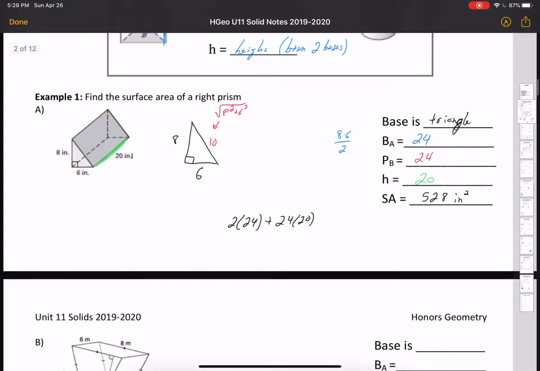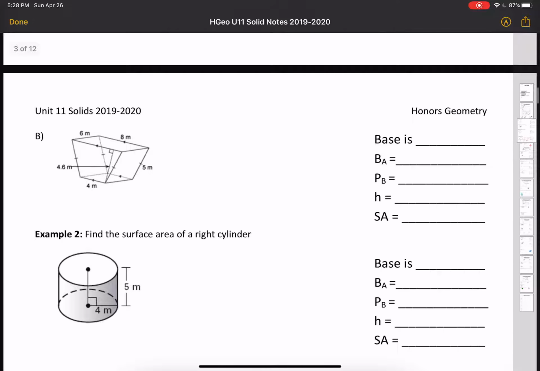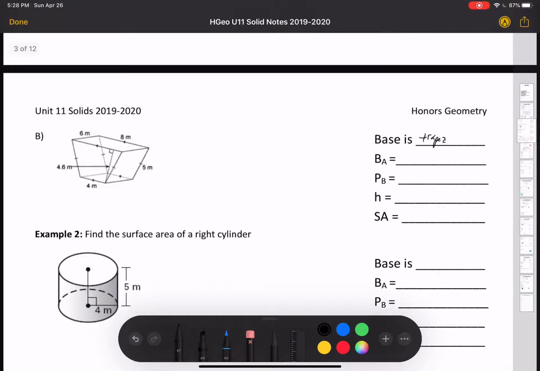Let's move on then to our next one. The base of this figure is a trapezoid. So if I draw this trapezoid separately, the longer base is 8, shorter base is 4. The height is 4.6, and both of these legs are 5.